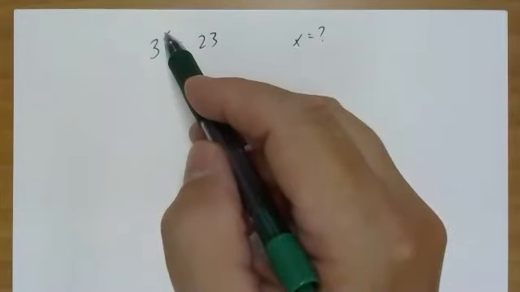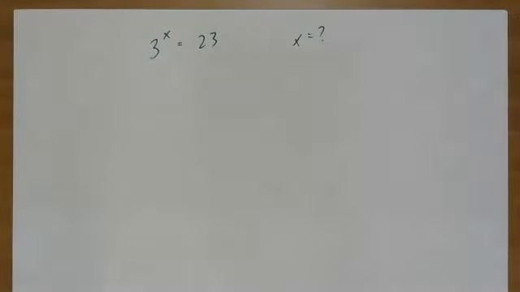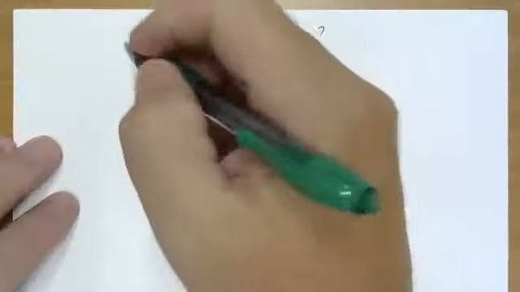Whenever you have your variable up there in the exponent, the way you solve this kind of equation is you convert it to a log equation. And the way I do that is I'm going to take the log of both sides. In this case, I'm going to do common log, log base 10.